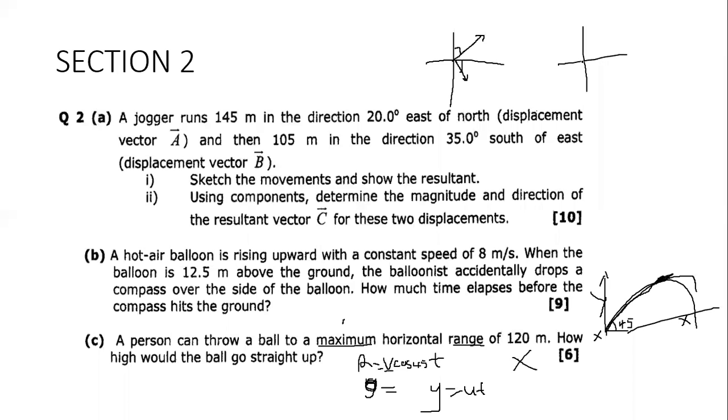So when they say 145 at an angle of 20 degrees east of north, you draw the 20 degrees there, and you put an arrow like that. When they say again 105 at an angle of 35 degrees south of west, from there, that's where you connect it. You connect it like that. All right. You don't start from here again. You connect it from the top there.